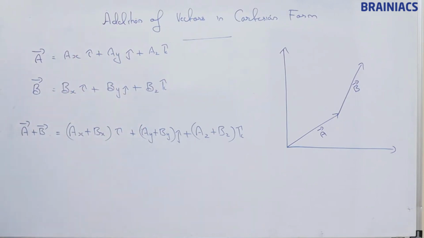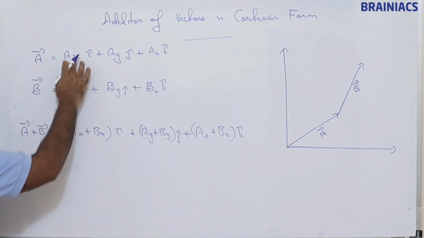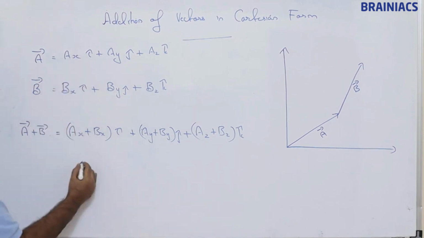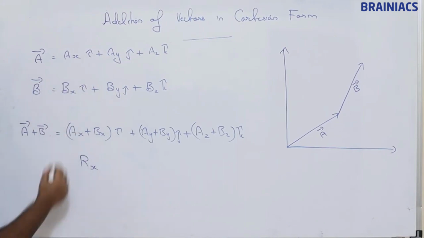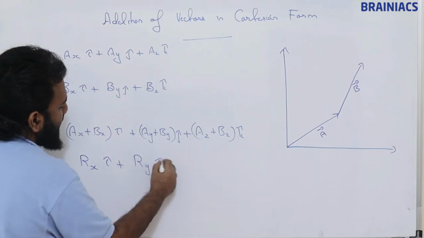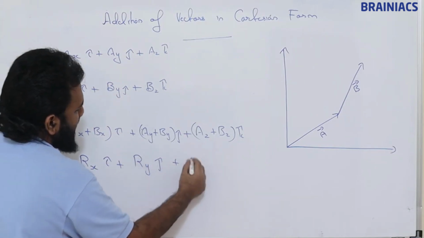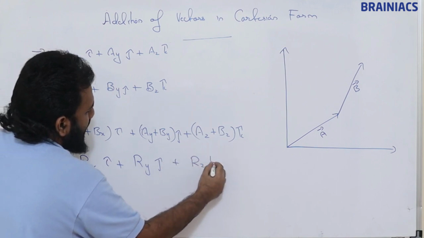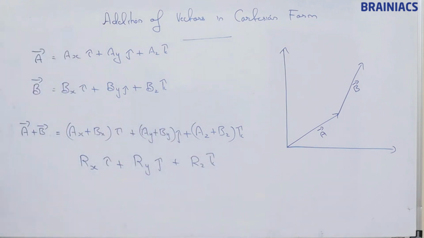So the resultant R is the resultant in the x direction i plus the resultant in the y direction j plus the resultant in the z direction k. This is how it is done.